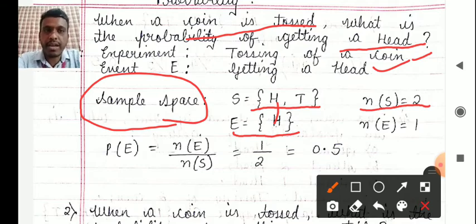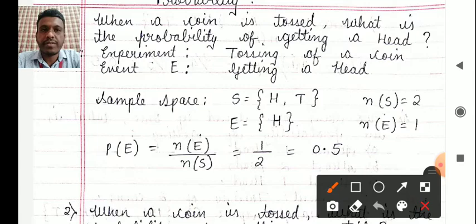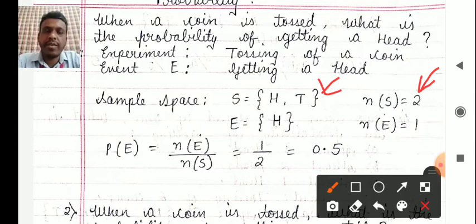I hope you are understanding this. I'll just take you back one step and explain. See here, in this case, the sample space is {H, T}. There's no problem with the sample space, I hope. Fine. So the number of items in the sample space is 2, right? Why 2? Because in H comma T, the number of items is 1, 2.